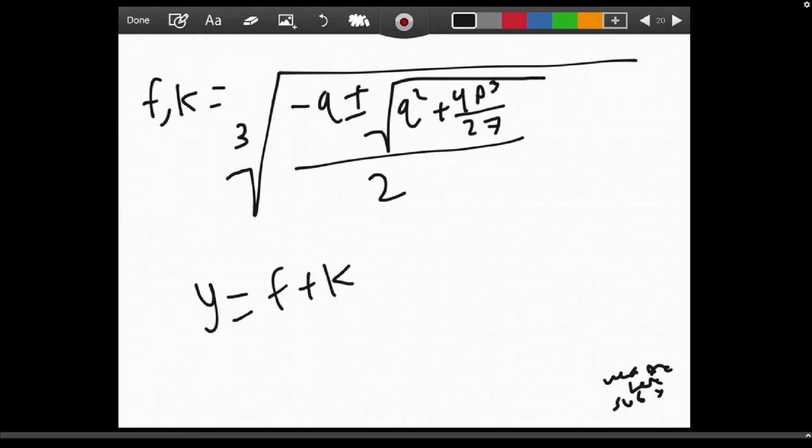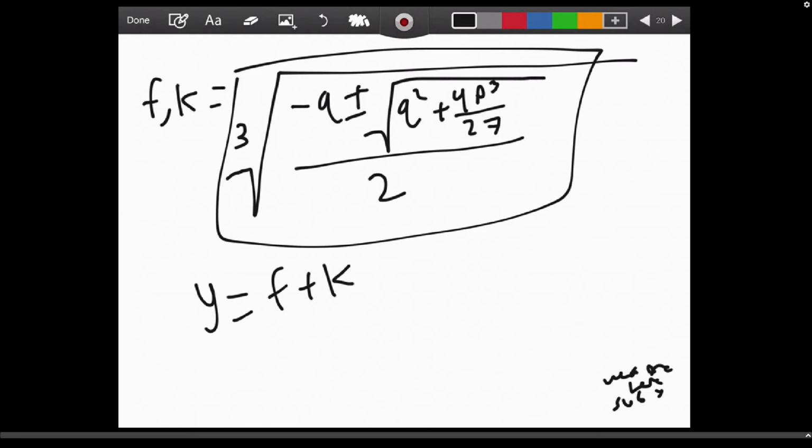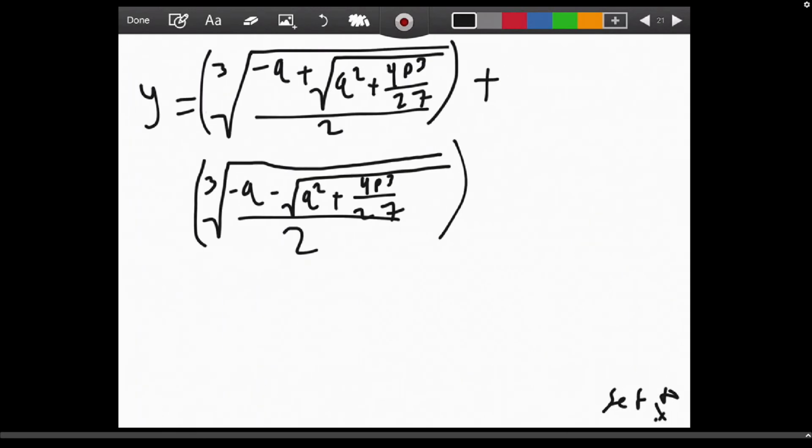So if y is equal to f plus k, well, we can just say that f plus k is this plus itself, except we're going to make the plus and minus signs different. So that gives us this equation here.